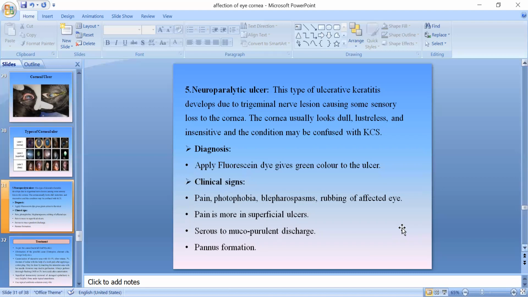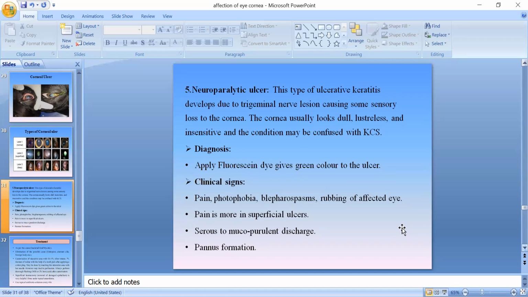Diagnosis of ulcers: apply fluorescein dye, which gives a green color to the ulcer. If you are going to diagnose a corneal ulcer, instill one drop of fluorescein dye, then flush with normal saline.